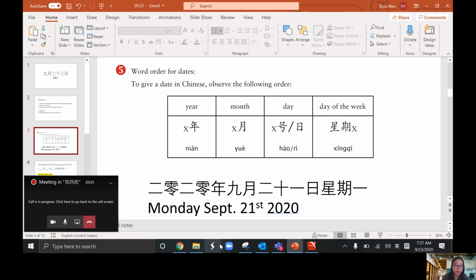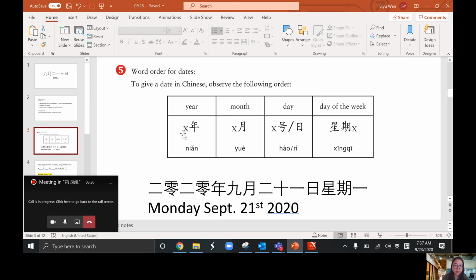In English, you may say Monday, September 21st, 2020. However, in Chinese, we say the opposite way. We say year of 2020 first, and then we say September, and then we say 21st, and then we say day of the week.